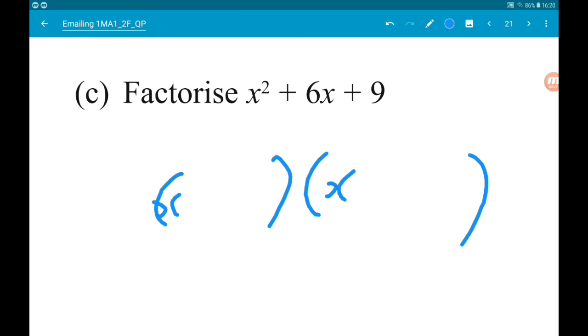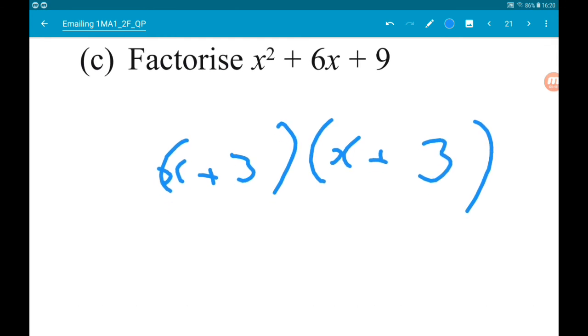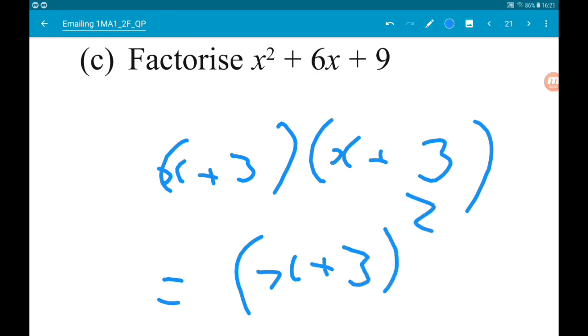Now the two numbers multiply together to give us 9 and add together to give us 6. So the two numbers that do that are 3 and 3. And that is the paper done. Although we could sharpen that up and write it as x add 3 squared.